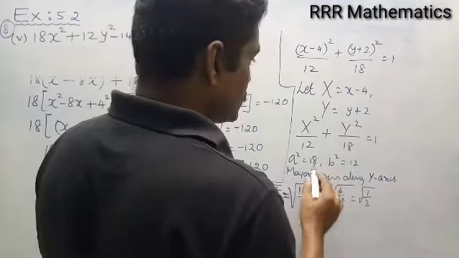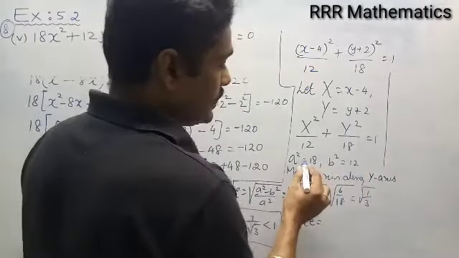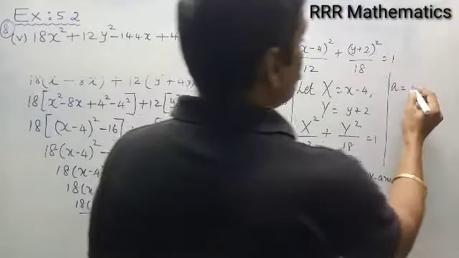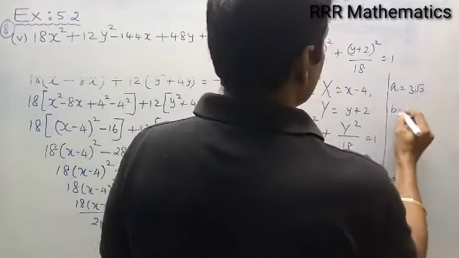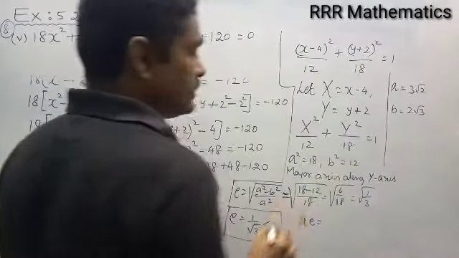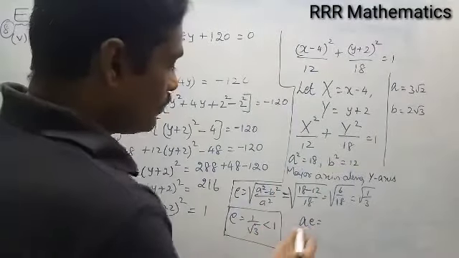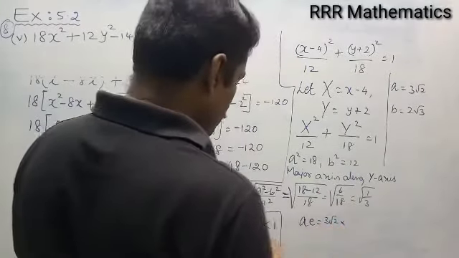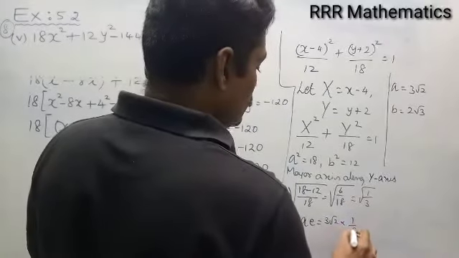a, which is right here. After taking square root, a will be root of 9 into 2, that is 3 root 2. b, root of 4 into 3, 2 root 3. So I got the value of a as 3 root 2, b as 2 root 3. What is ae? 3 root 2 into e, which is 1 by root 3.